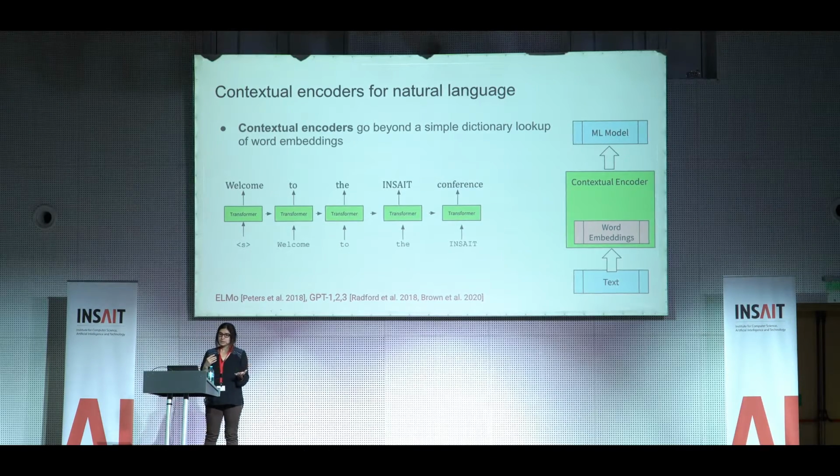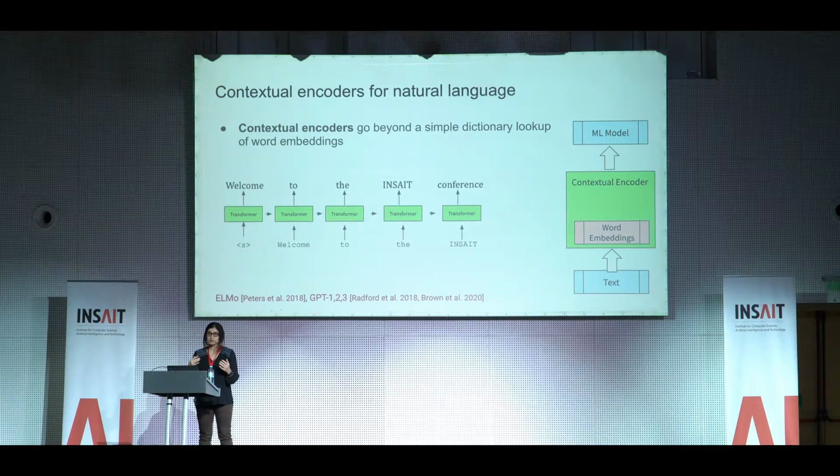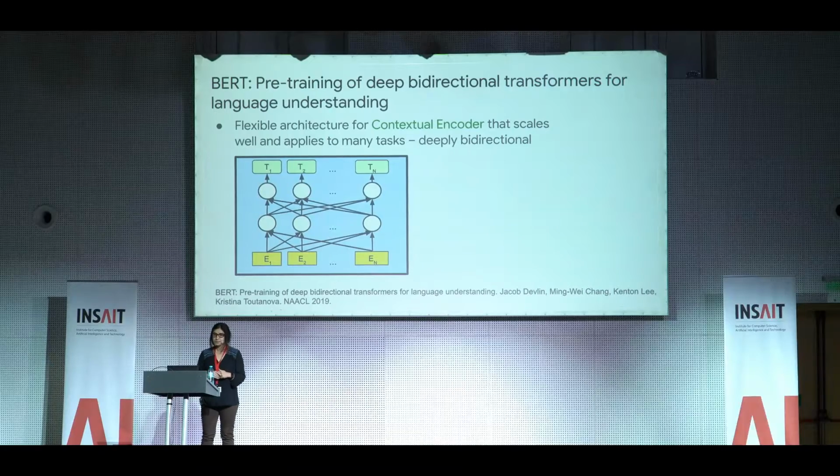There were models like Elmo and GPT-3 that show that we can improve performance on some core tasks quite substantially by using these representations from unlabeled text.